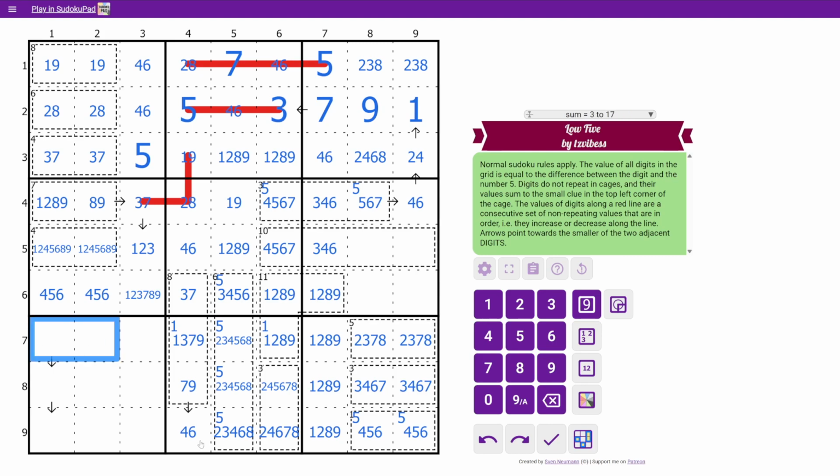This will have one of the 4 6s on it. Maybe these 4 6s are... Maybe I can kind of focus my attention on some of those.